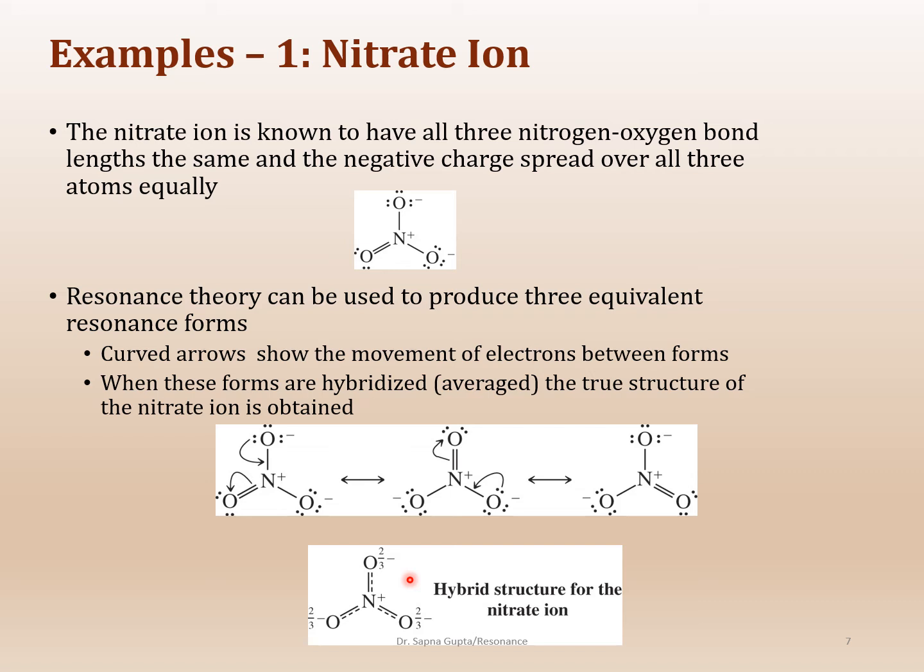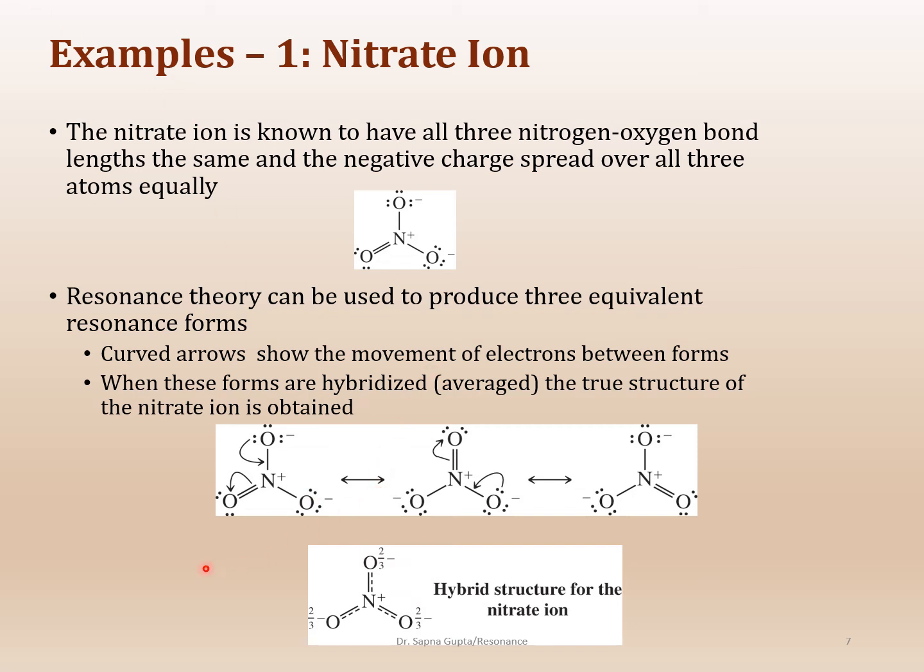So the switch is so fast that the bond is kind of an intermediate between a single and a double bond, which means that the bond length is an average of the single bond and a double bond in the final hybrid structure.